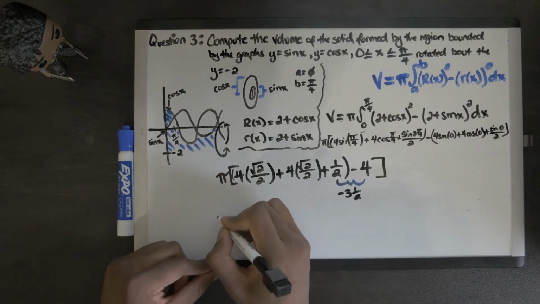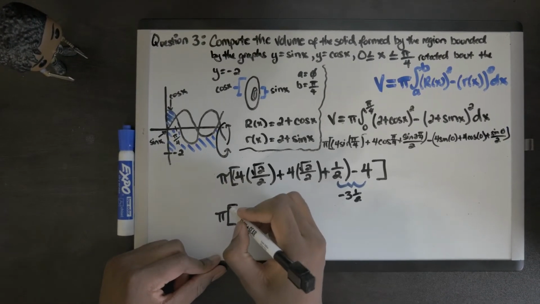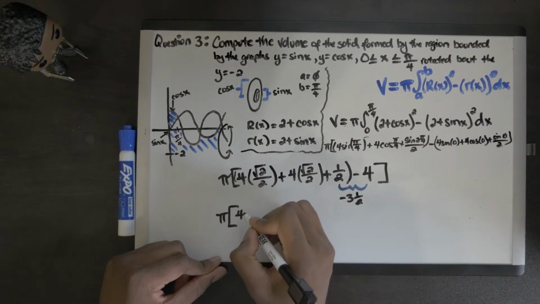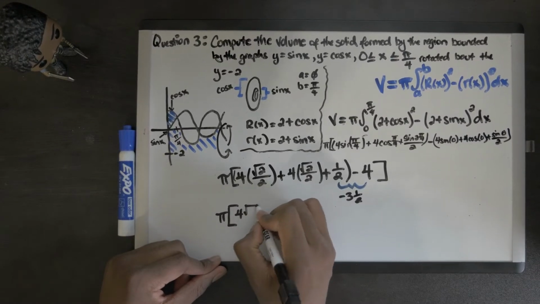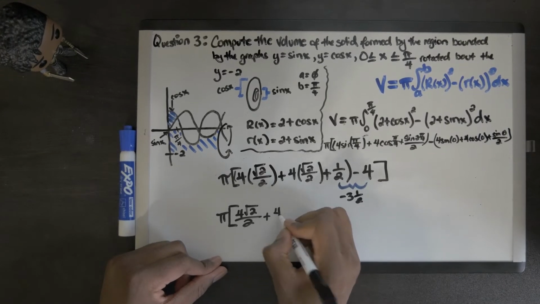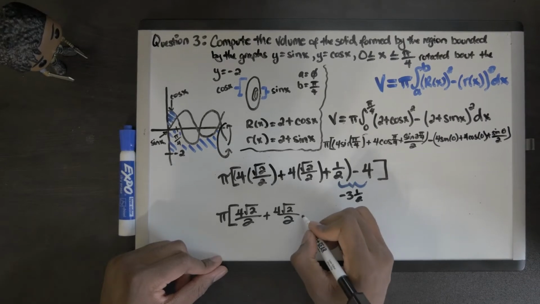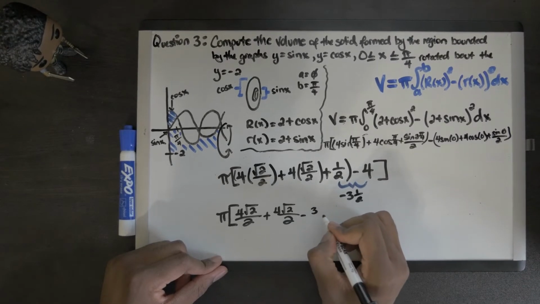That's going to give us pi times 4 root 2 over 2 plus 4 root 2 over 2 minus 3/2.